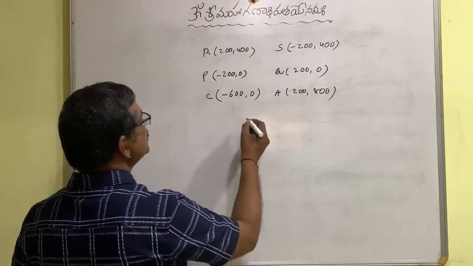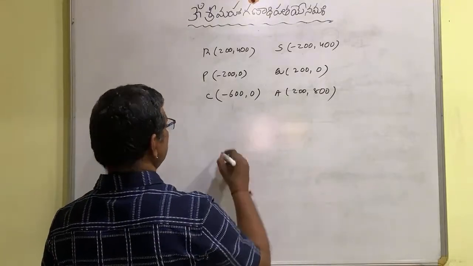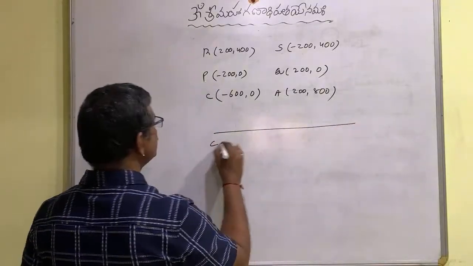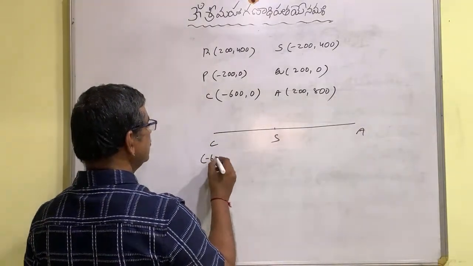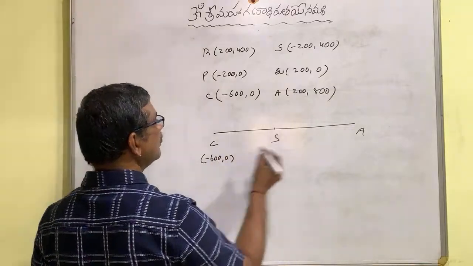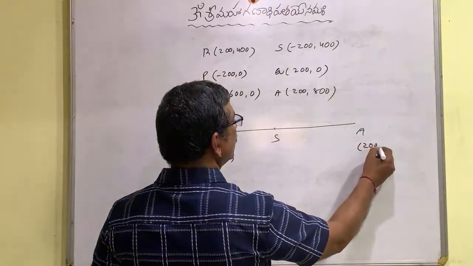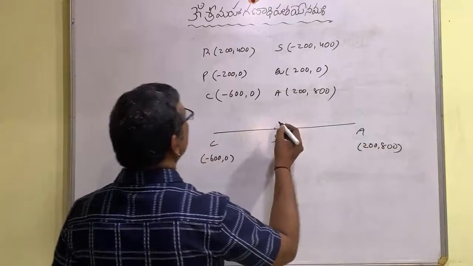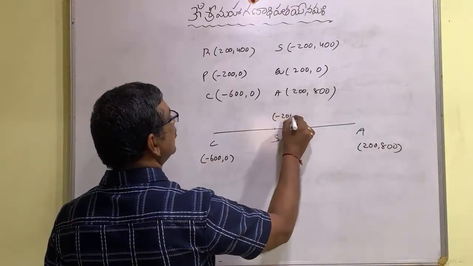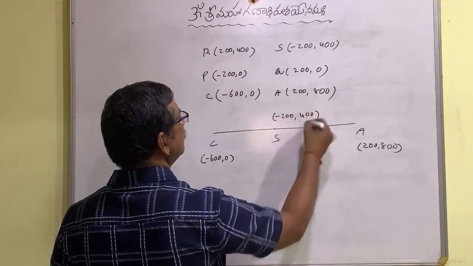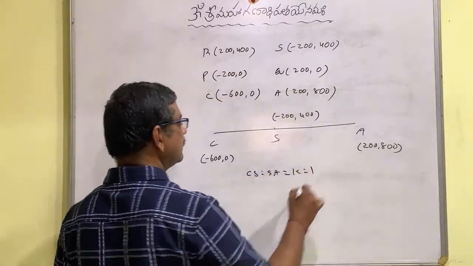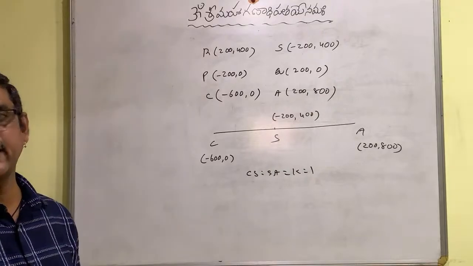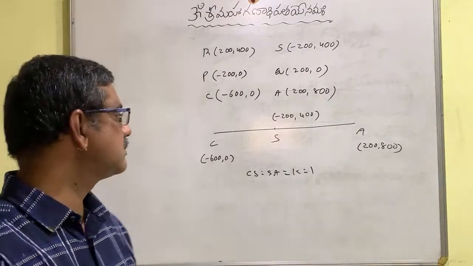The ratio is given as K is to 1. C, A and S over here. Coordinates of C are minus 600 comma 0, A is 200 comma 800 and coordinates of S are minus 200 comma 400, and CS is to SA is given as K is to 1. He is asking to find out the K value.